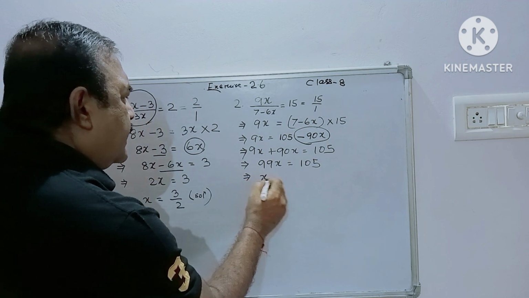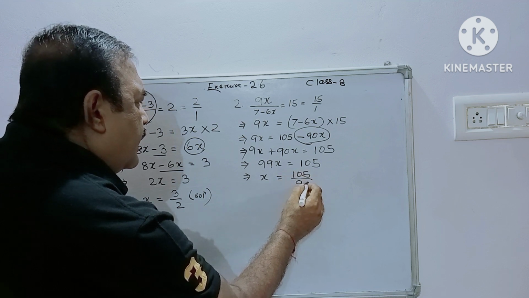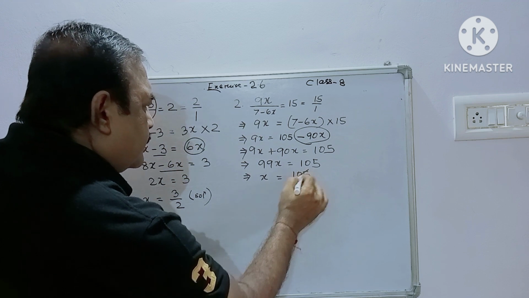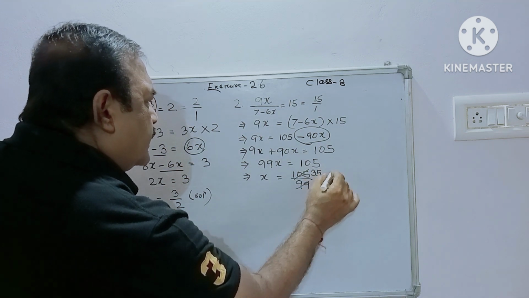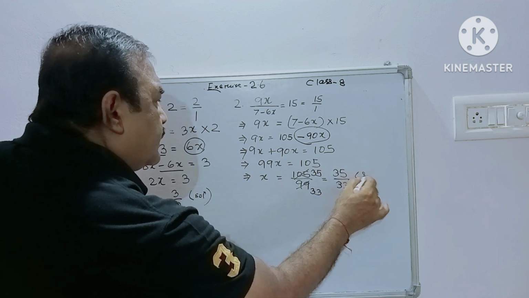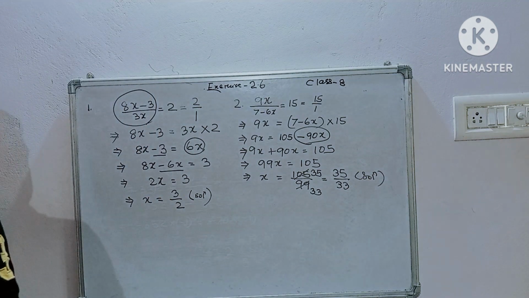That implies x is equal to 105 upon 99, that is equal to 35 upon 33. So this is the solution of the equation. Okay? So you will do like this.